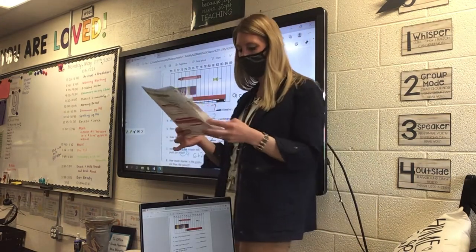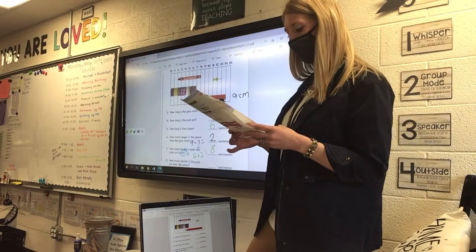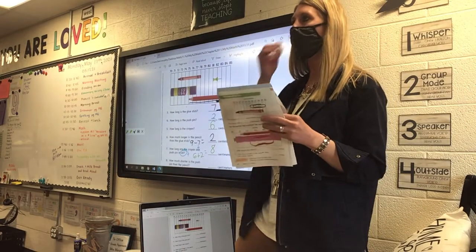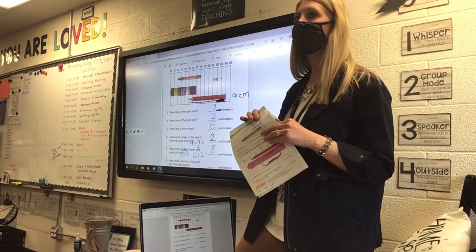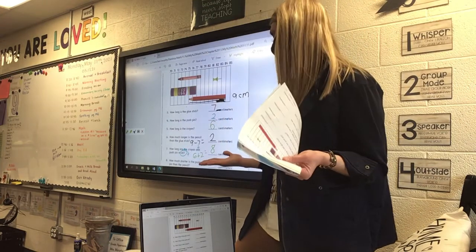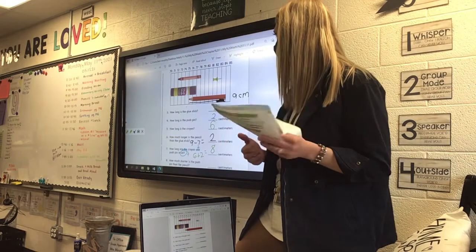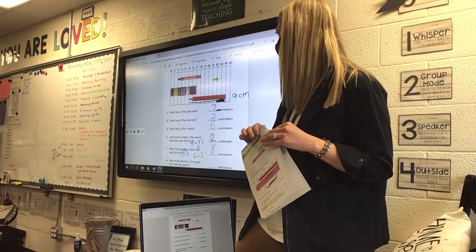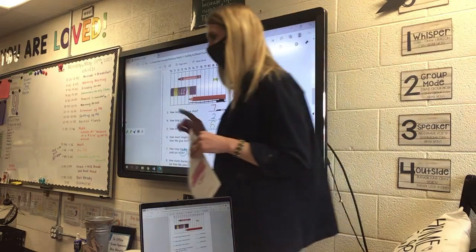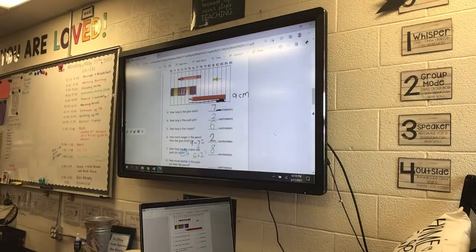All right, the last one. How much shorter is the push pin than the pencil? So how much shorter? That means I need to find the difference. So I need to subtract again. So find the push pin and the pencil. Subtract them and write your answer down. Pencil is what?